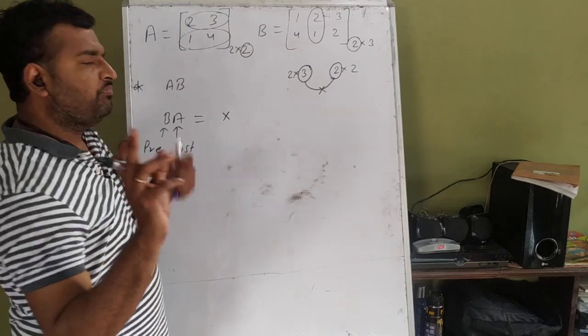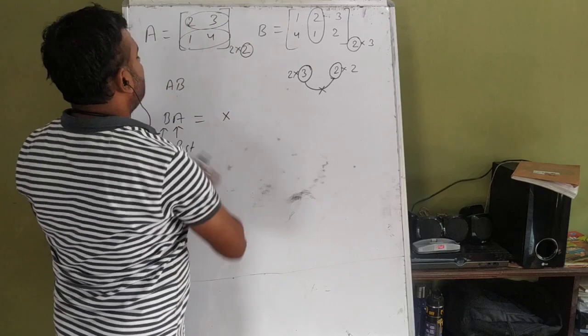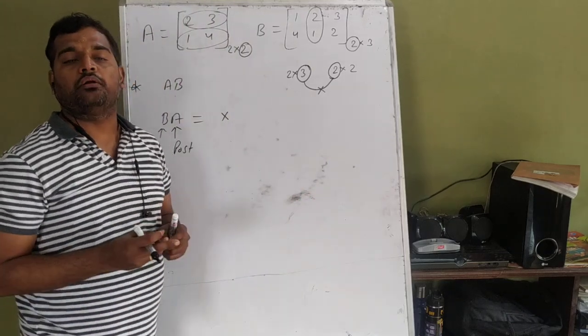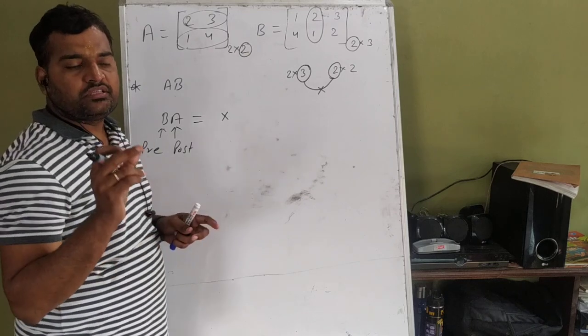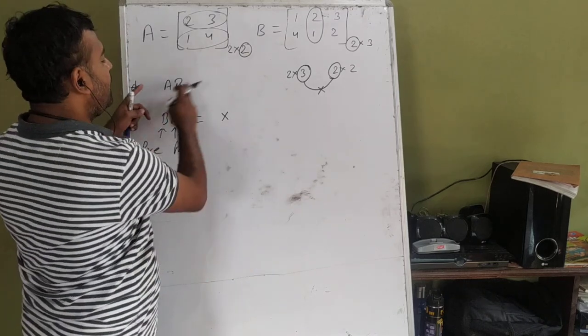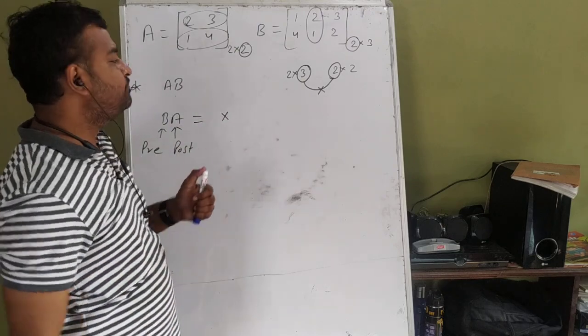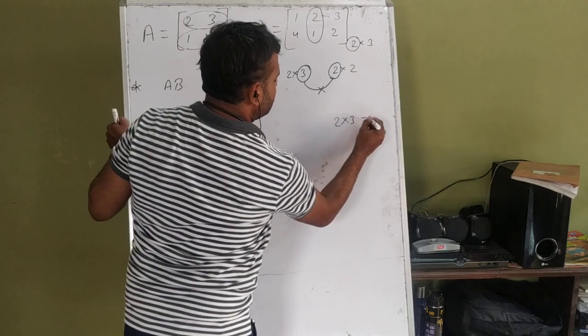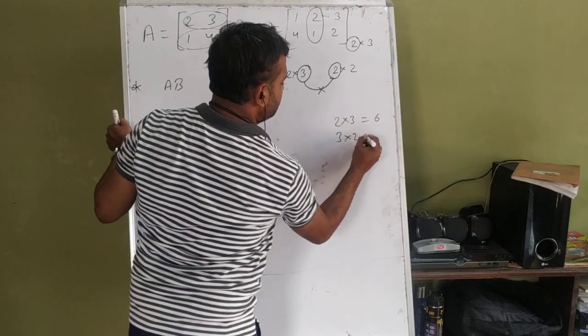Be very careful when you are multiplying two matrices. This is not the general number. Matrices are arrangements of numbers. We cannot say here 2 into 3 equals 6 and 3 into 2 equals 6.